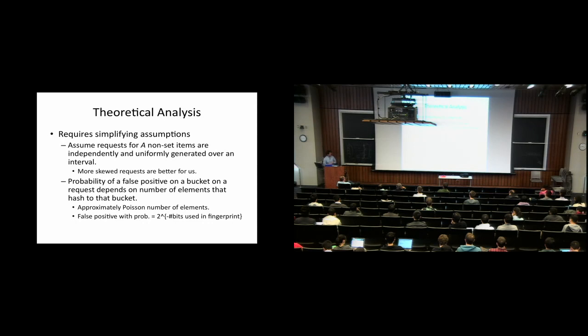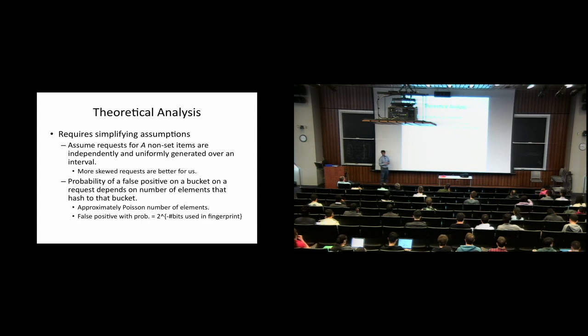But we do some theoretical analysis of this in a mathematically tractable setting where we assume that the non-set items are independently and uniformly generated over an interval. And I'll show some experimental results which show that this seems to be the worst case for us.